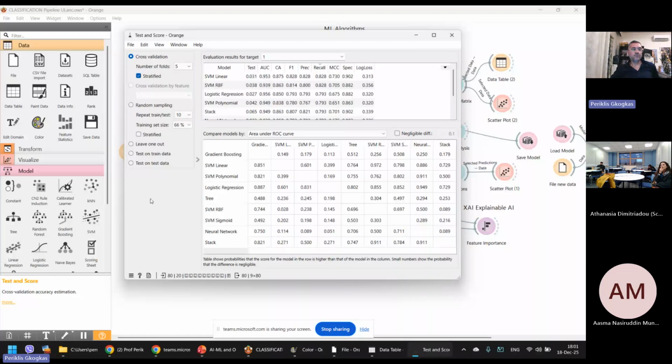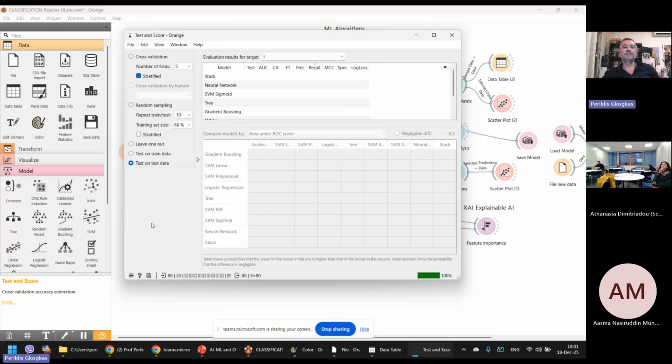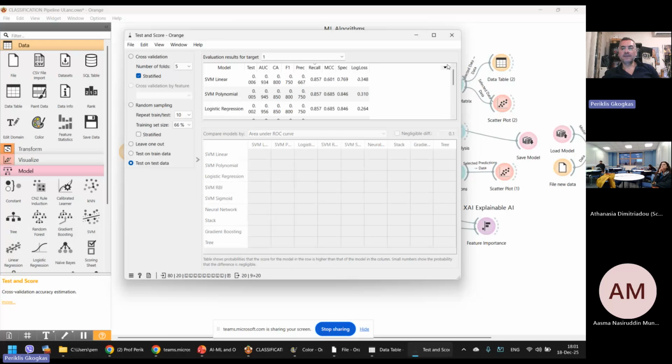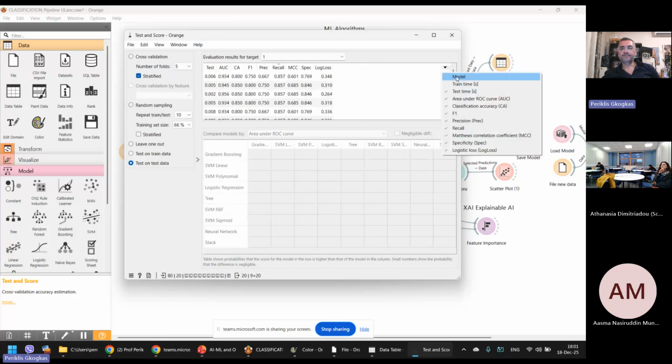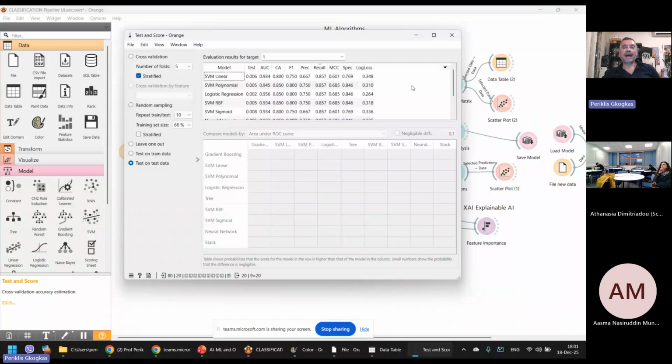And see how well this model performs. To do that, we go to this test on test data. This means, okay, these are the trained models, now pass through these trained models the 20% of the data that were left aside. I click on this and now it calculates the metrics again here. And as you can see, now we have the metrics for the part of the data set that was left out, the out of sample data.